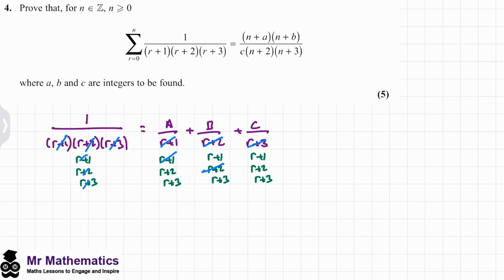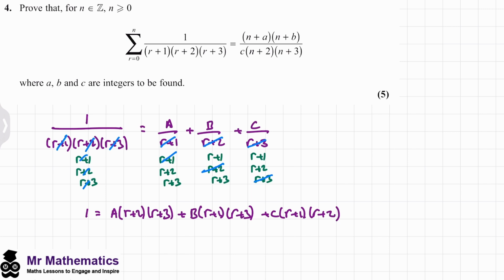And the r plus 3 will cancel with this one. So what we're left with is 1 is equal to a lots of r plus 2 and r plus 3, plus b lots of r plus 1 and r plus 3, plus c lots of r plus 1 and r plus 2.